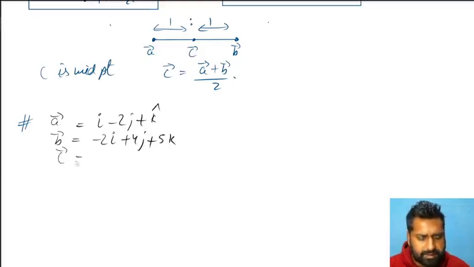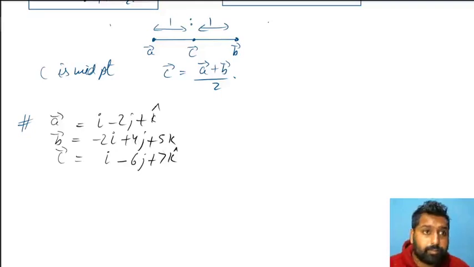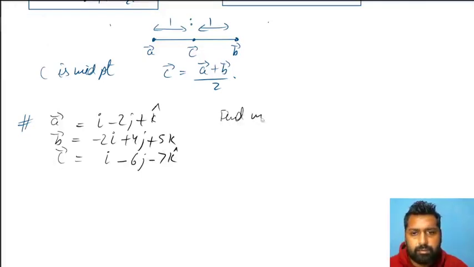Your C vector is, let's add three vectors, i cap minus 6j cap plus 7k cap. Sorry, minus 7k cap. And the question says find the magnitude of A vector plus B vector plus C vector.